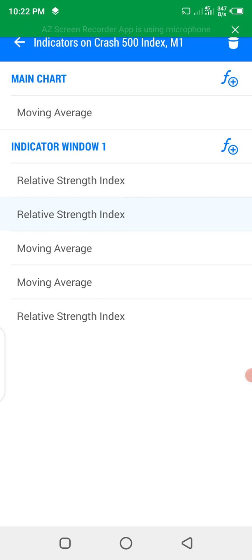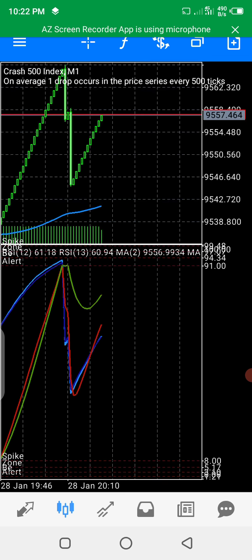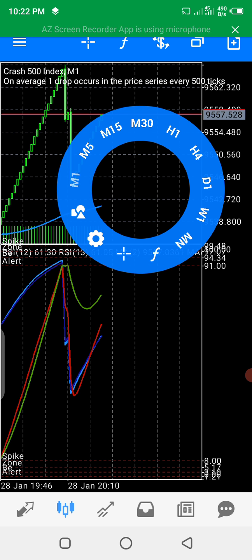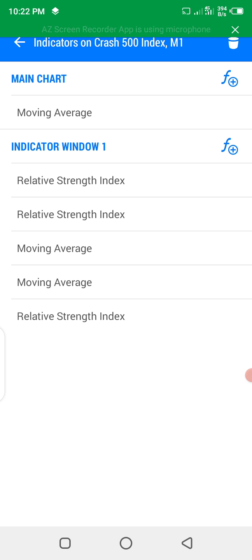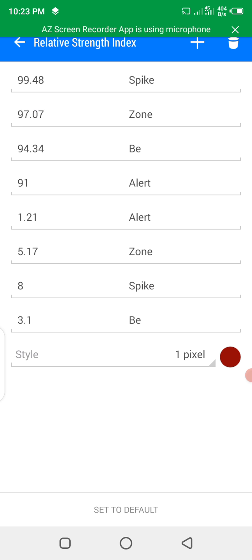Relative strength index 2, these are the settings. I've got relative strength index 3. These are the settings. And this relative strength index 3 has got levels, and these are the levels. You can also take a screenshot.